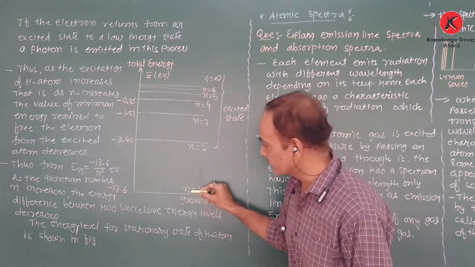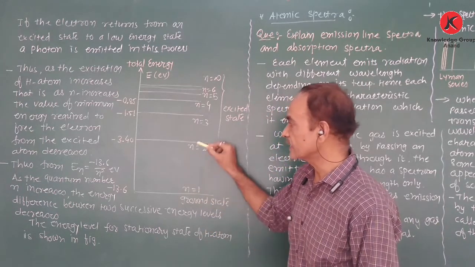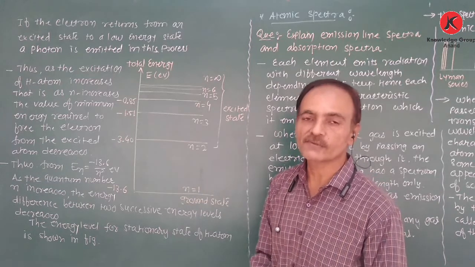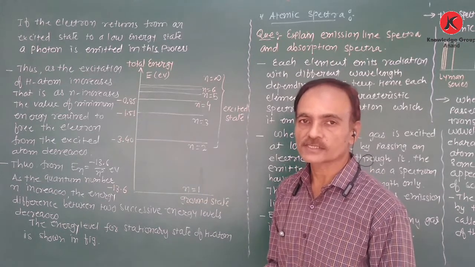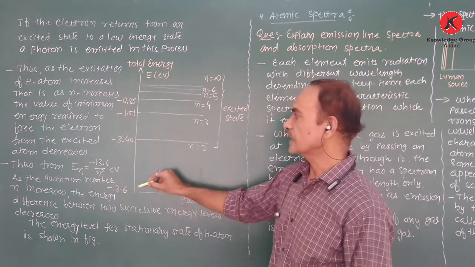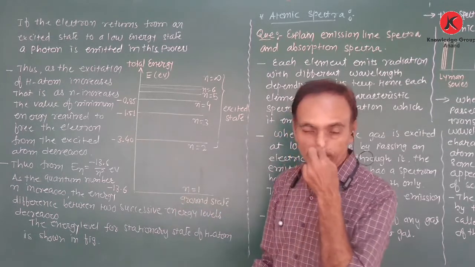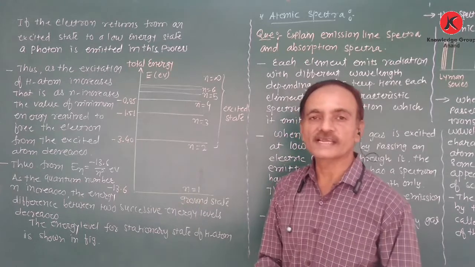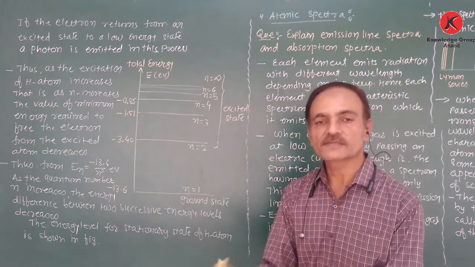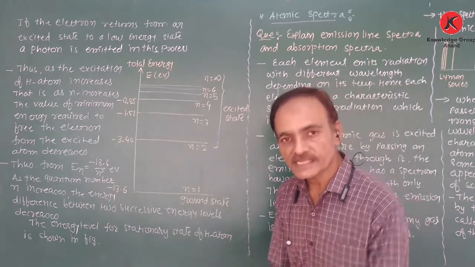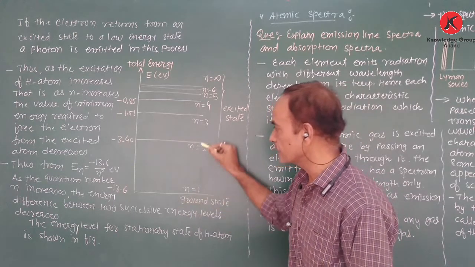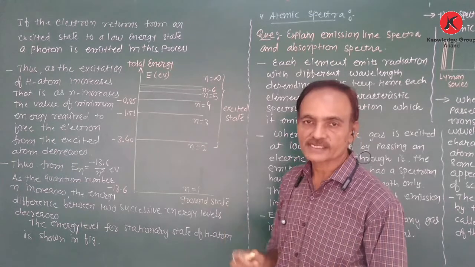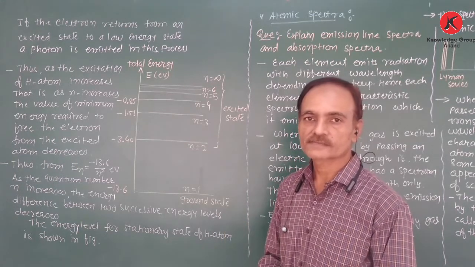When the electron makes the transition from the ground state to the first excited state, the energy difference is 10.2 electron volt. Right? So 13.6 minus 3.40 is 10.2 electron volt energy. When the electron absorbs this energy, it makes the transition from the ground state to the higher energy state, the first excited state, that means the second orbit.